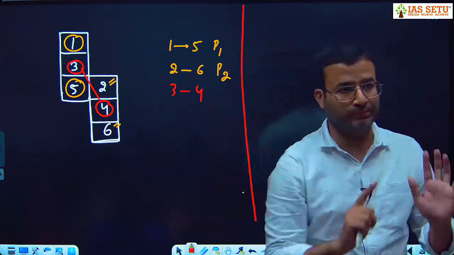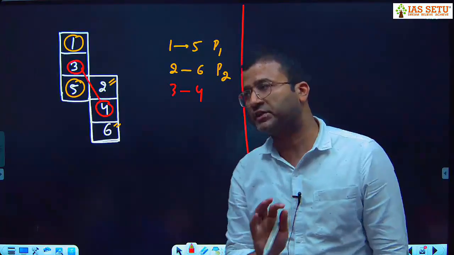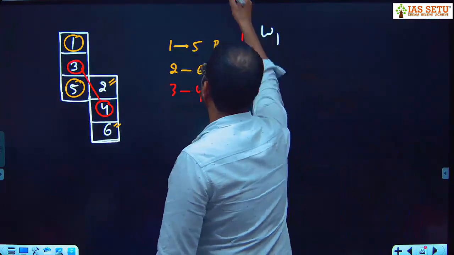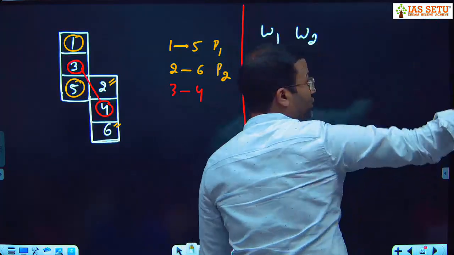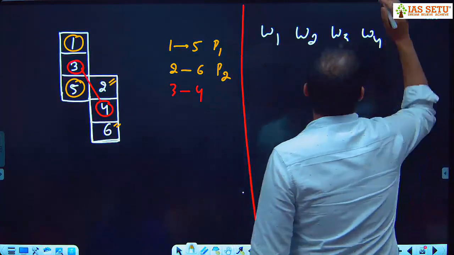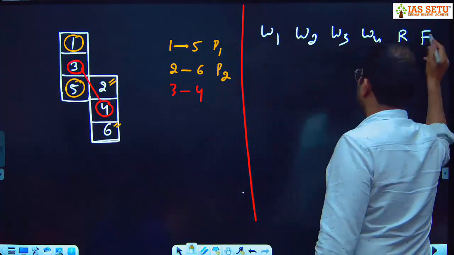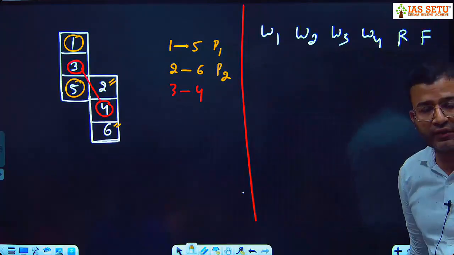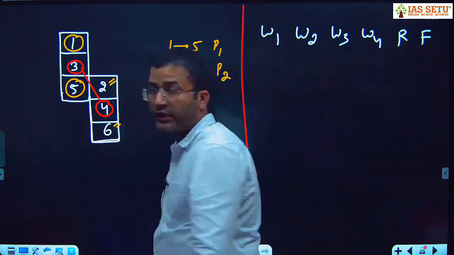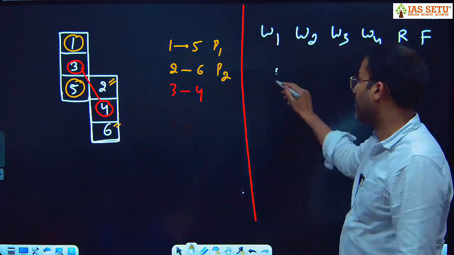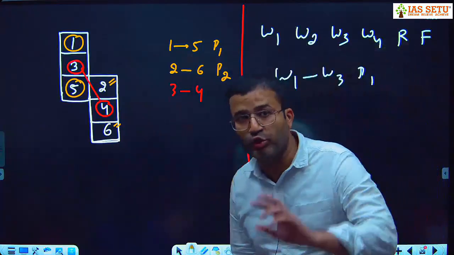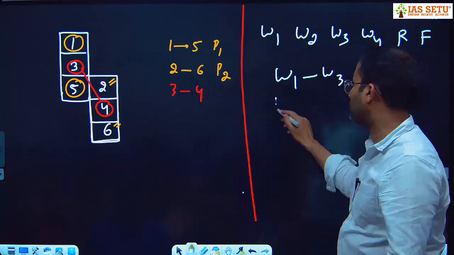Like in this room, the examiner gives you 6 faces. The examiner tells you this is wall number 1, this is wall number 2, this is wall number 3, that is wall number 4, this is the roof, and this is the floor. Then the examiner tells you 2 pairs: wall 1 is opposite to wall 3, the first pair, and wall 2 is opposite to wall 4.